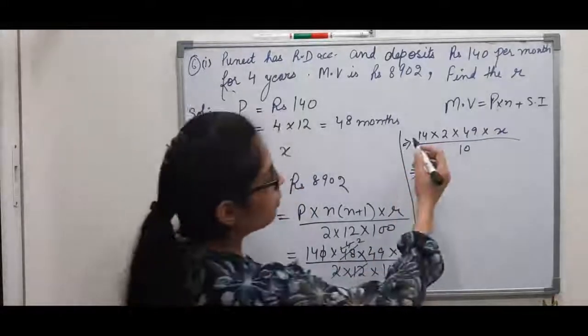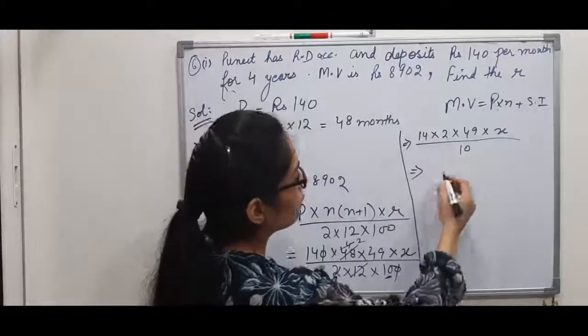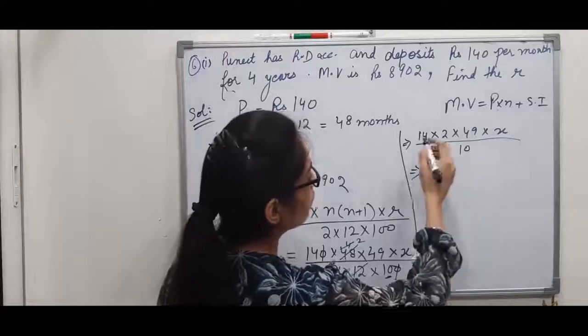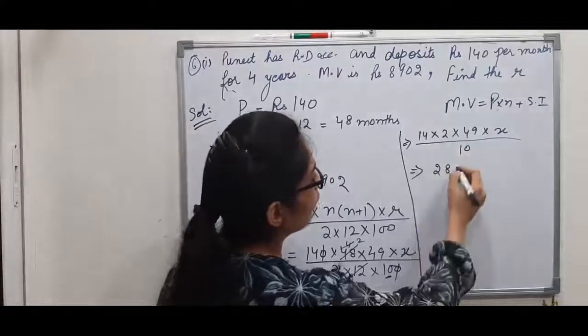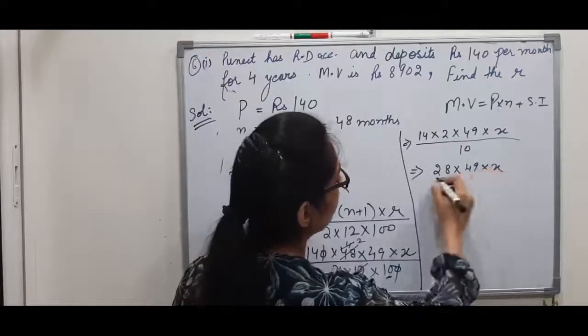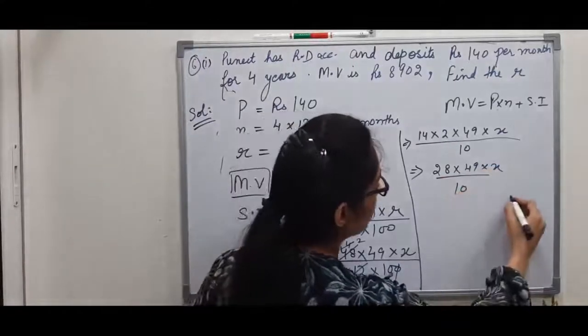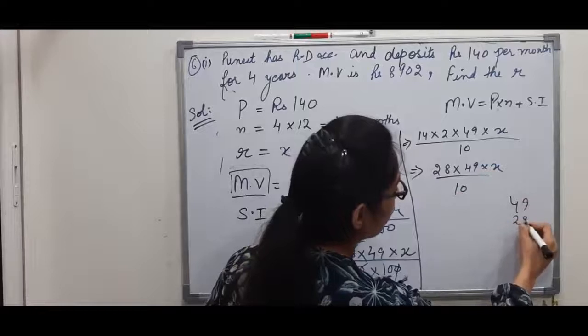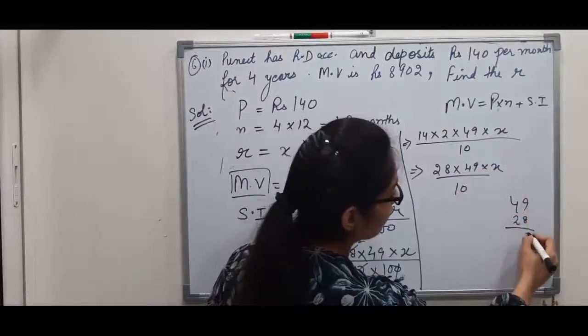Now I will multiply 14 into 2, which is 28, and 28 into 49 into x by 10. I will do this multiplication, 49 into 28, 9 into 8, 72.